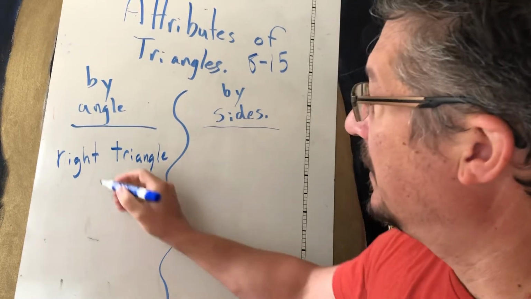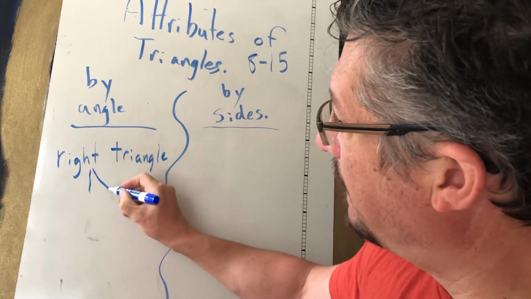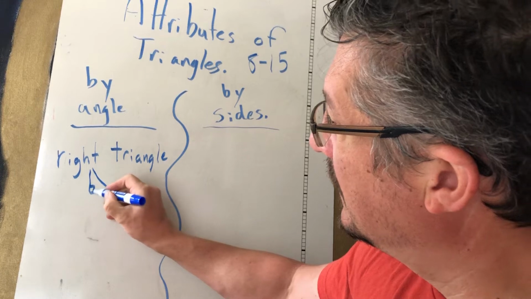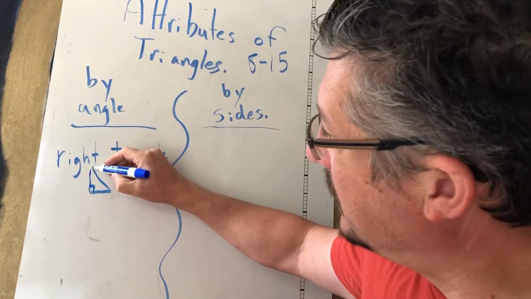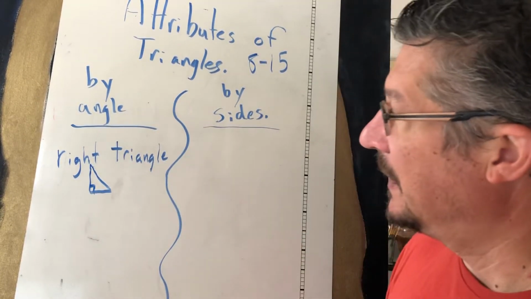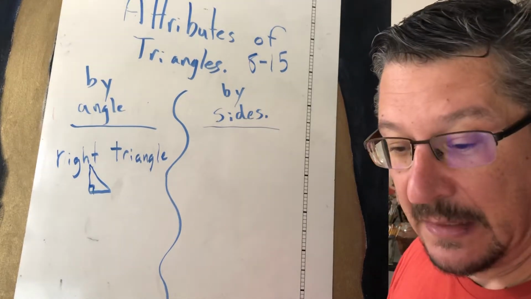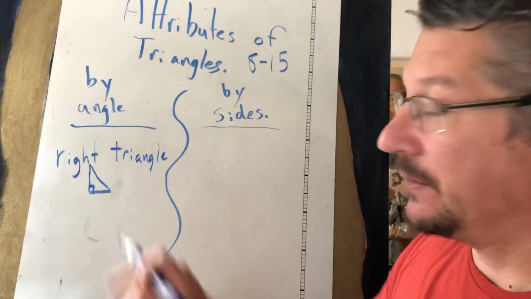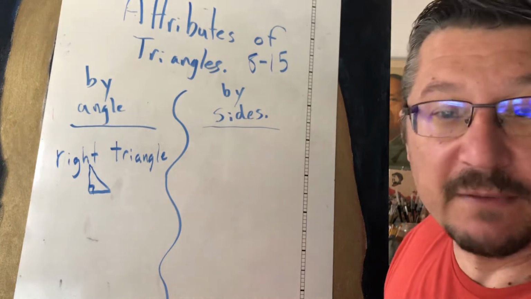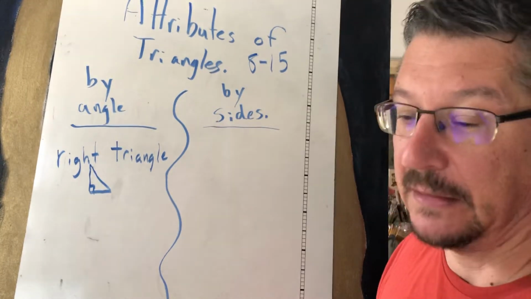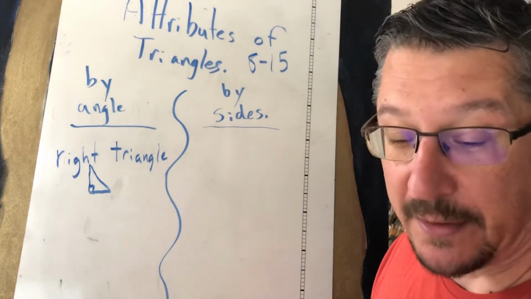A right triangle has a 90-degree angle to it. And everybody knows 90 degrees is the corner of a house, corner of a book, corner of a square.